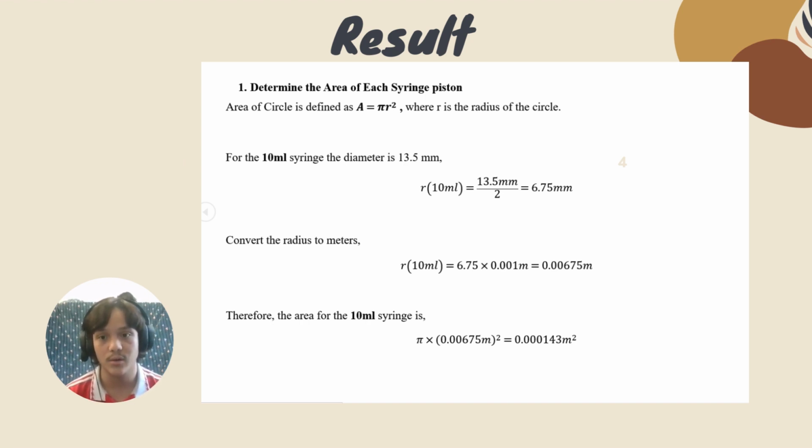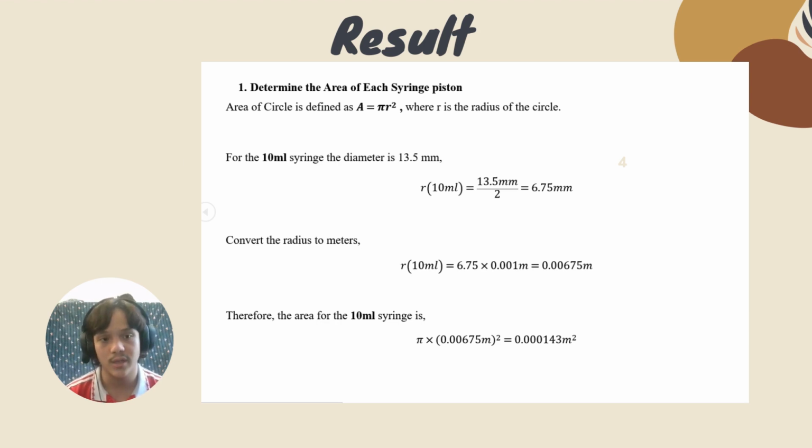6.75 millimeters. Okay, then we must convert the radius to meters, which is we use 6.75 times 10 to the power of negative 3, and then we will get 0.00675 meters. After we get the radius, then we can calculate the area.